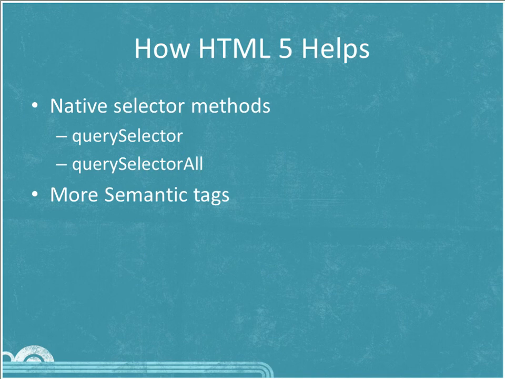With more semantic tags, we've got more element selectors that we can use. querySelector and querySelectorAll also allow us to use some more DOM-built selectors. These are actually built into the DOM, so they're very fast, and you can pass a selector into them. So let's take a look at that a little bit.